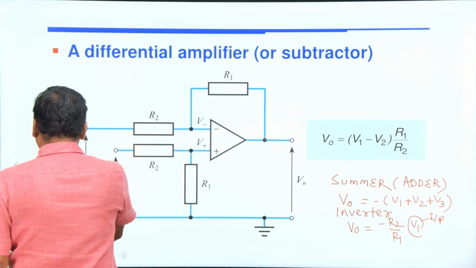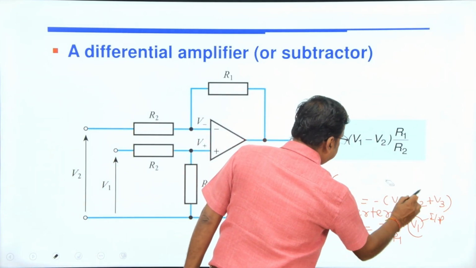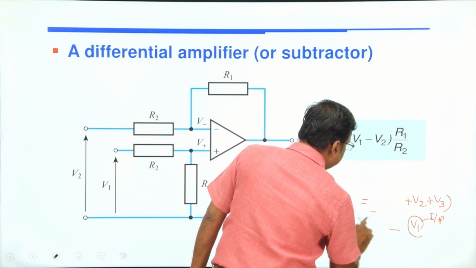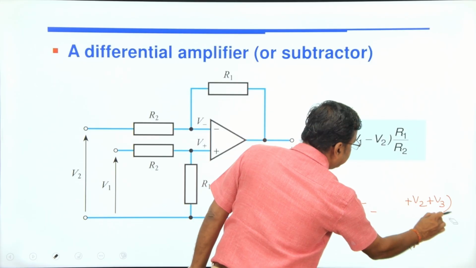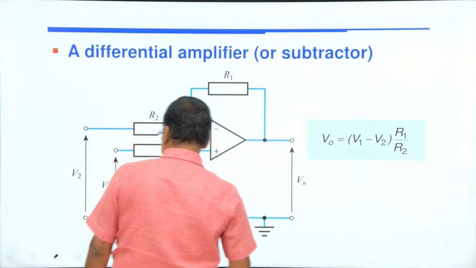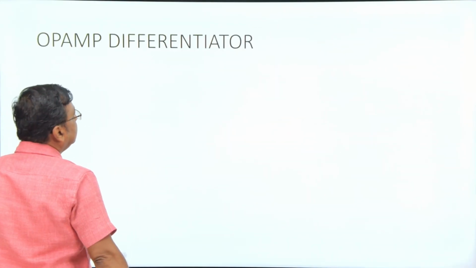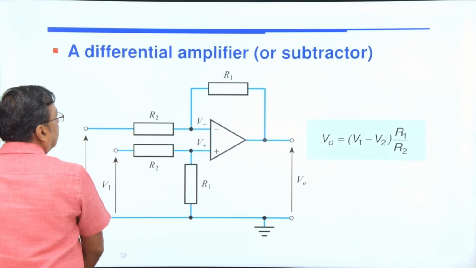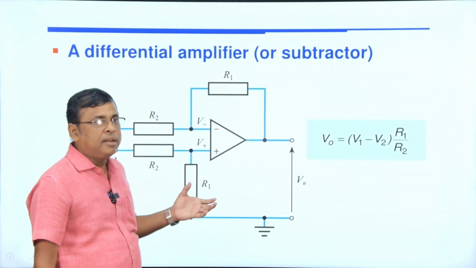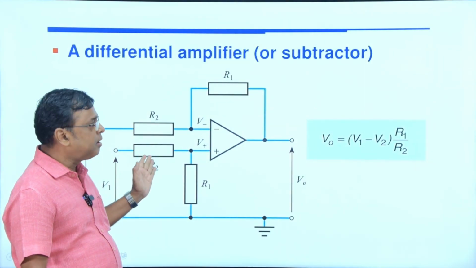In the case of a differential amplifier, if simultaneously I apply two voltages, V1 and V2, here. In the previous class I applied input voltages V1, V2 like this.